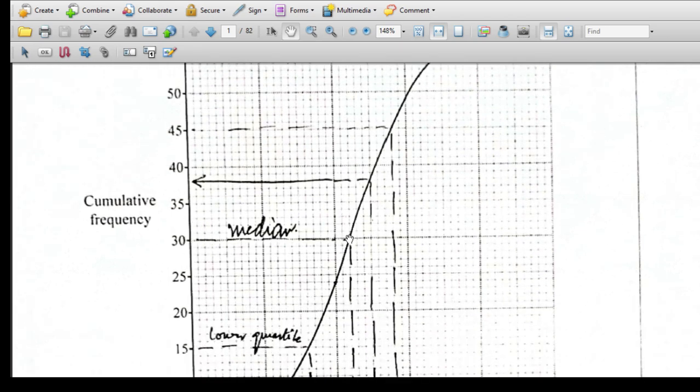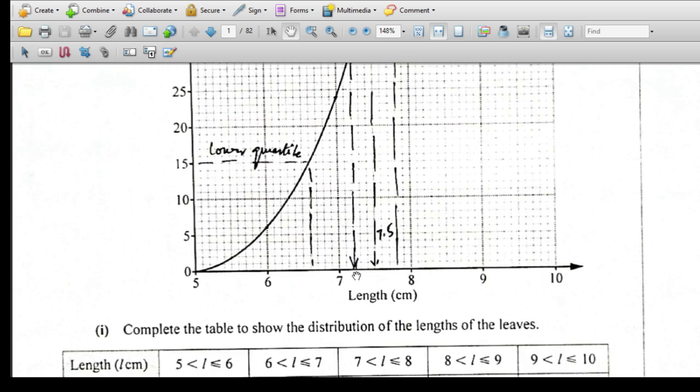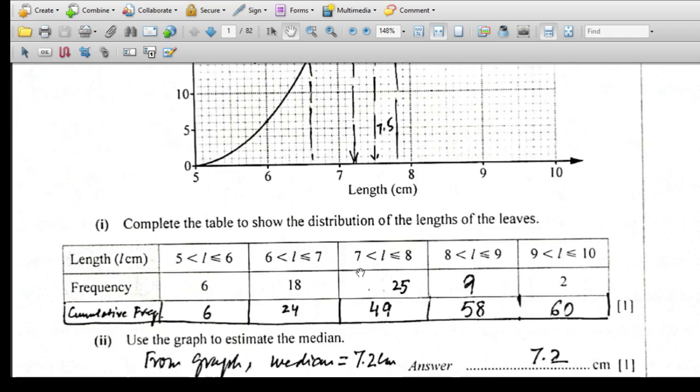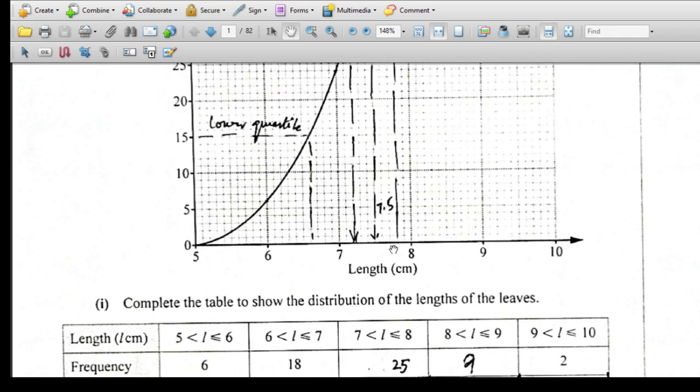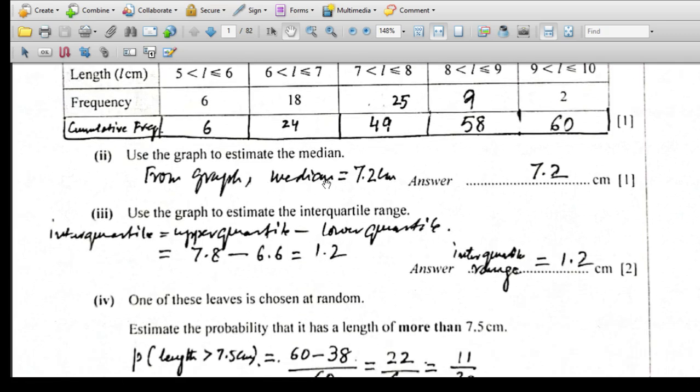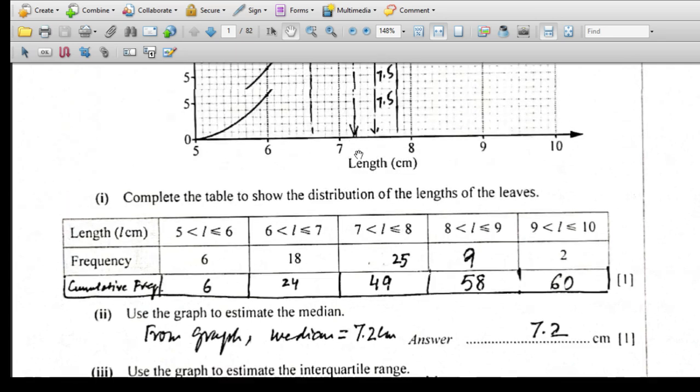At 30, the length of the leaf is read from the graph. Every single small cell is 0.1, so this is 7.1, this is 7.2, 7.3, 7.4, 7.5. So the median is 7.2, and it is obtained from the graph.